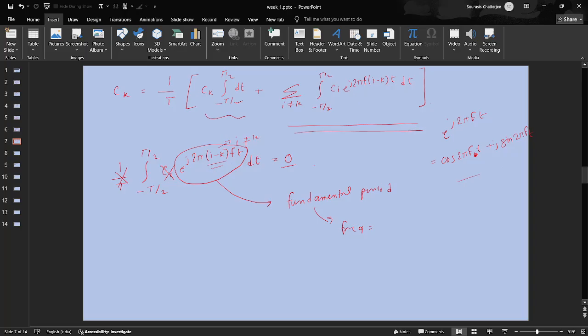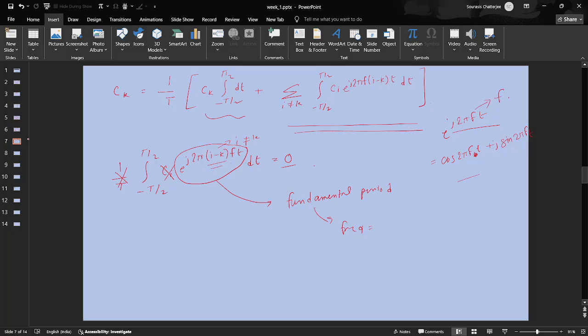You know, this term here, e to the power j 2 pi f t, has a fundamental frequency of f, right?